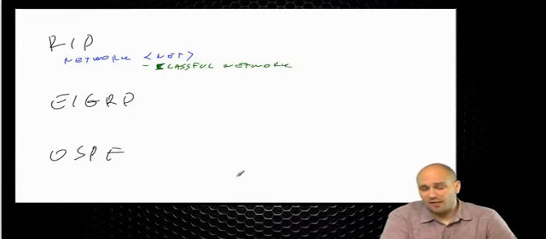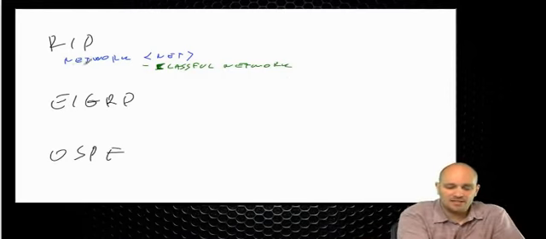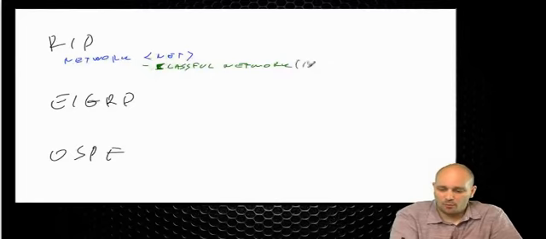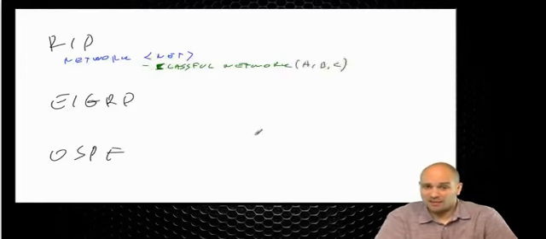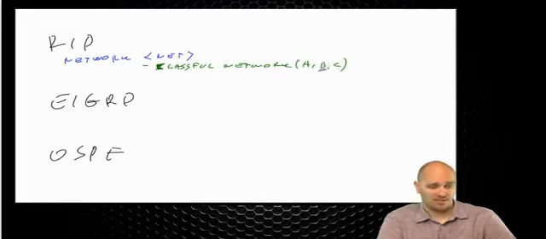Even though you may be running RIP version 2, which is classless in itself, the network statement itself is classful, which means that it is aware of A, B, and C network classes. That means that you need to be very, very careful when you are using RIP and when you're enabling RIP on interfaces, because when you enable interface, for example, in class B, you might be enabling more than just the interface that you want to enable.